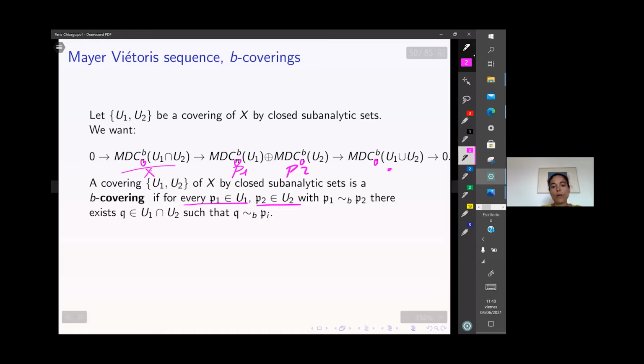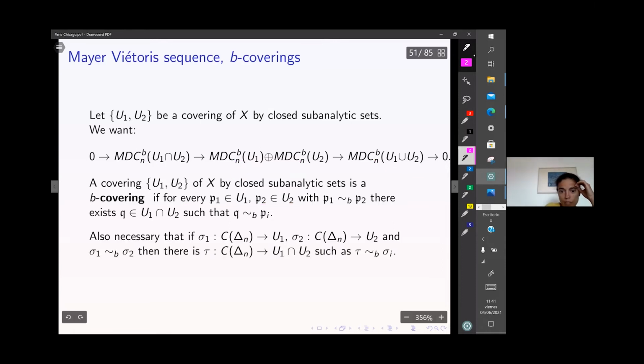We ask that at the level of b-points. Whenever you have 2 points that are equivalent in the union, they have to have a representative in the intersection, and the same at every dimension, whenever we have 2 simplices that are equivalent.